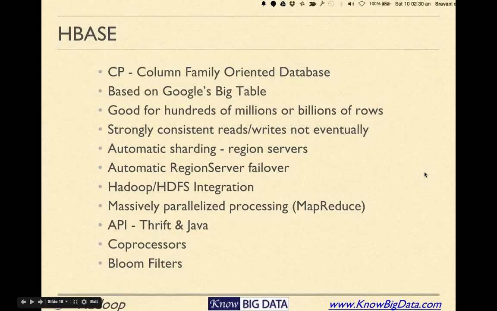So HBase is a consistent and partition tolerant database, is not highly available, and is a column family oriented database. It is based on Google's Bigtable, and is good for hundreds of millions or billions of rows by millions of columns.